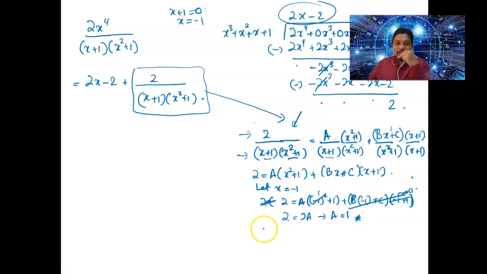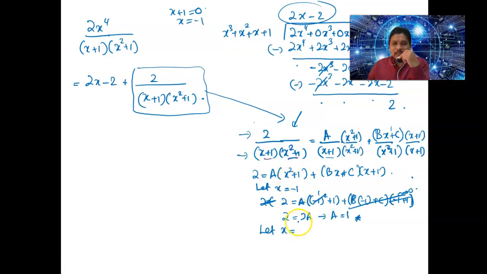Okay, then again, let's take a look at this one: we have x squared plus 1 and x plus 1. Do you find any value of x that can make x squared plus 1 equal to 0? Nope. So just let it be.